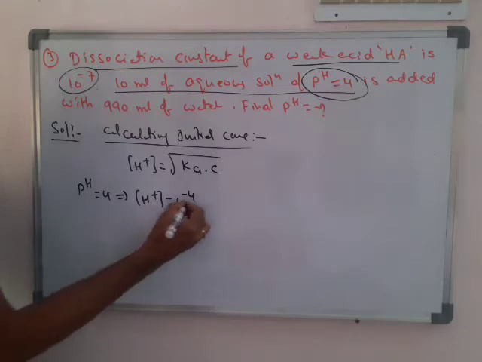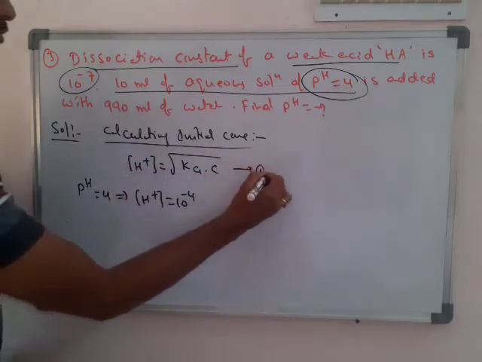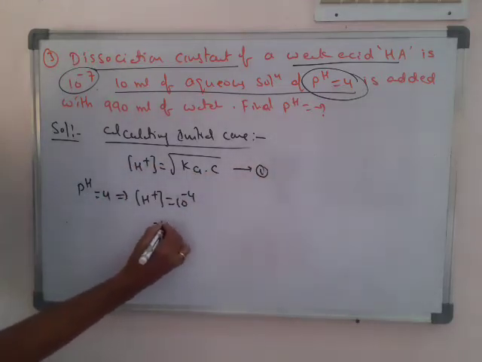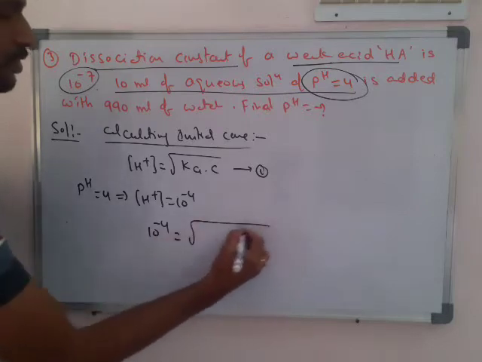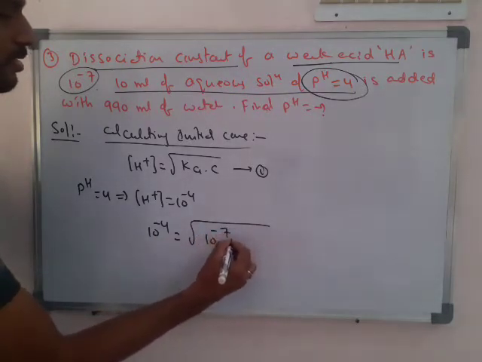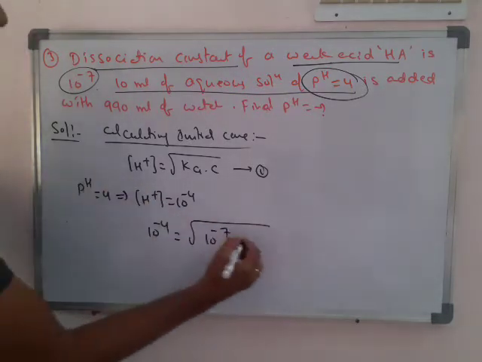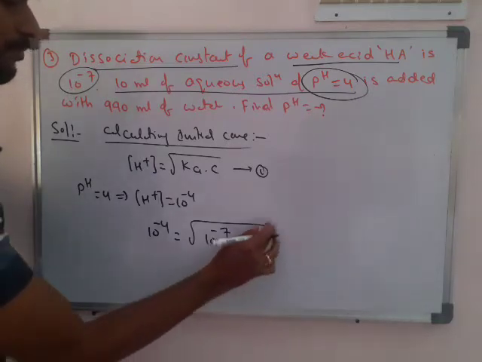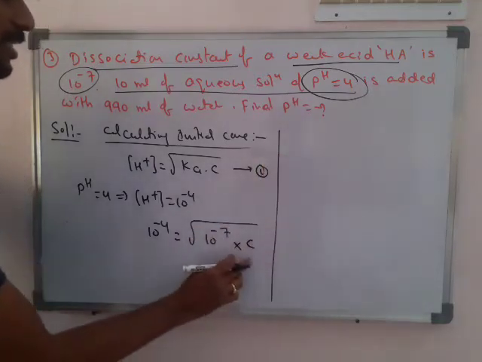Substitute in this equation: 10 power minus 4 equal to root of 10 power minus 7 into C. We have to find the initial concentration.